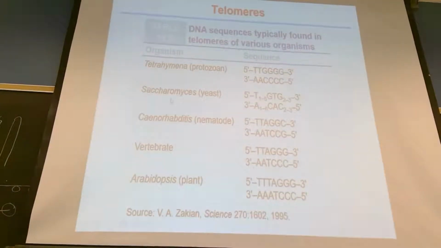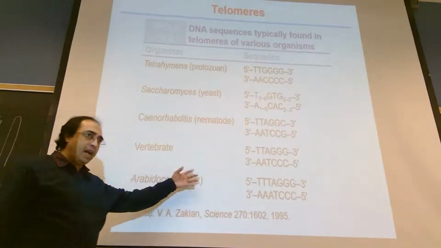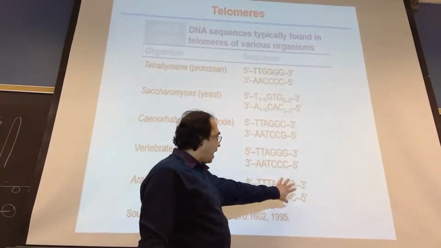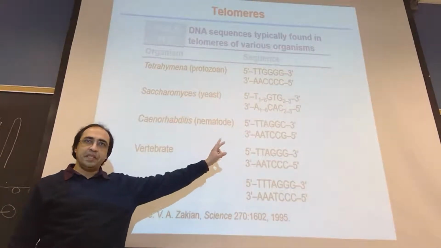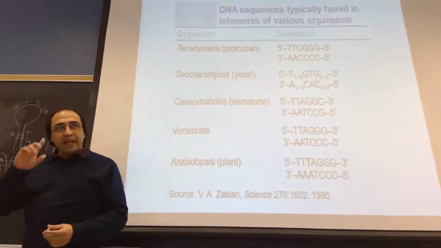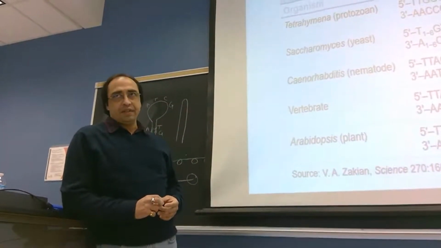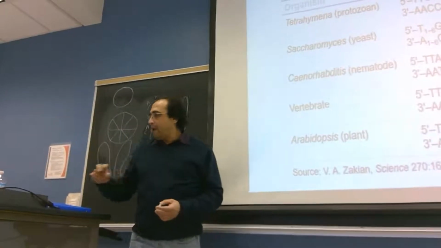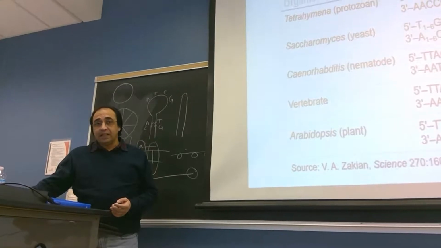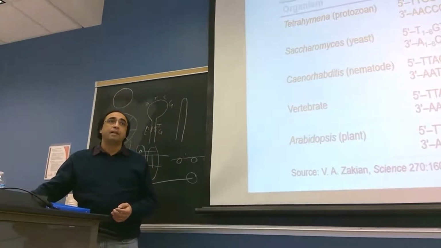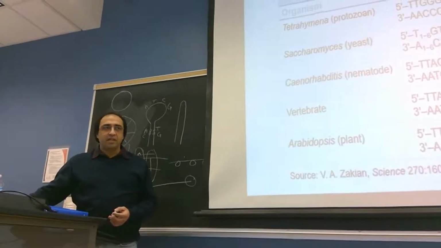Each kind of vertebrate, and every eukaryotic chromosome that is linear, can have this kind of telomeric sequence. The telomeric sequence differs from species to species, and the repeat number also differs. It can even differ from cell to cell. In some cells you can find, suppose, 1,000 repeats; in some cells, 10,000 repeats.